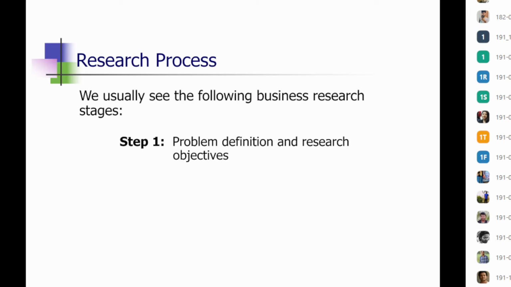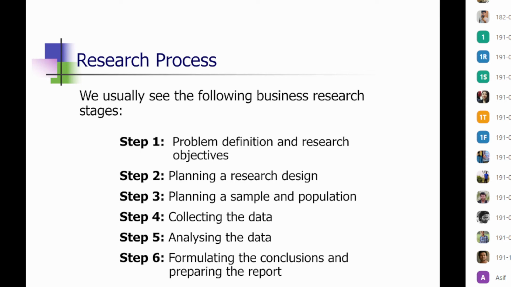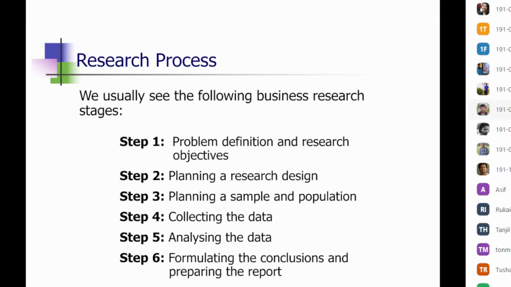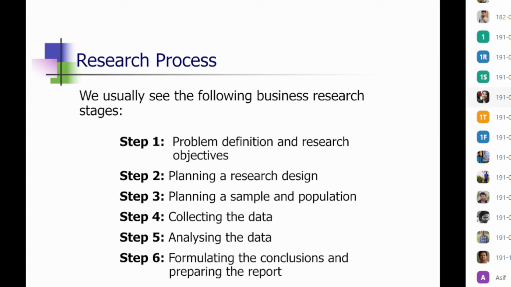So whether the research is exploratory or descriptive or causal, you have to follow these 6 steps to conduct your research step by step. First step, second step, third step, and then till sixth step. So our course, our syllabus, our lecture plan, actually everything is prepared to cover these 6 steps.